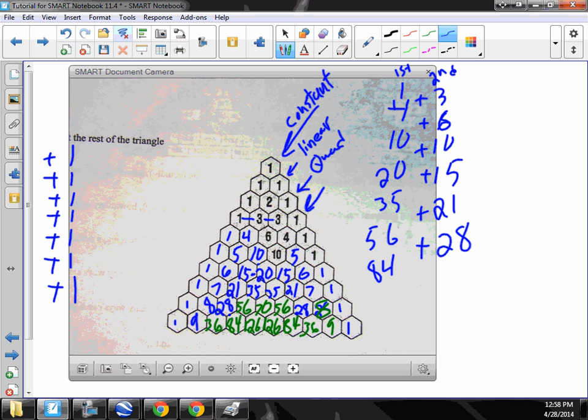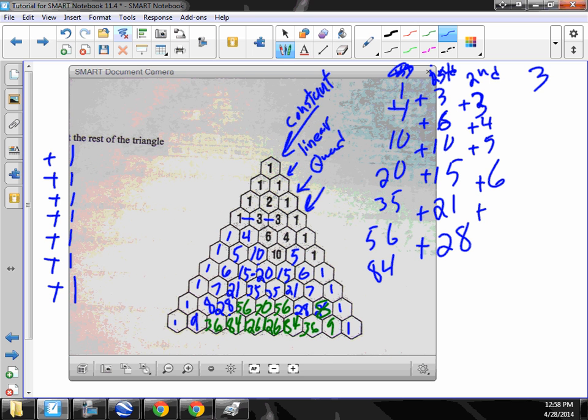My third difference, plus 2 plus 4 plus, oh, wait a minute, I messed up somewhere. Oh, that's a 3. Oh, wait, these are wrong. First, second, and this will be third. I'm just subtracting every time. What's the difference between any two numbers? Then I have plus 1, plus 1, plus 1, plus 1.